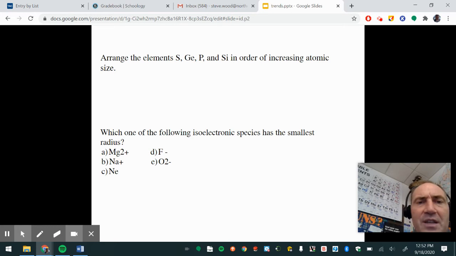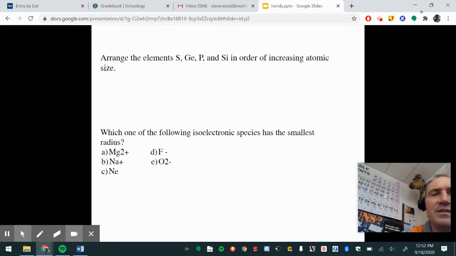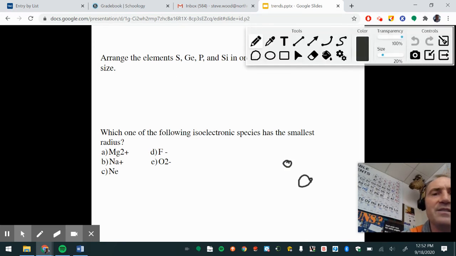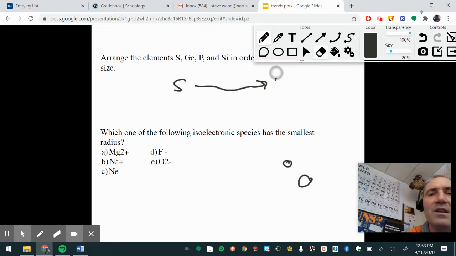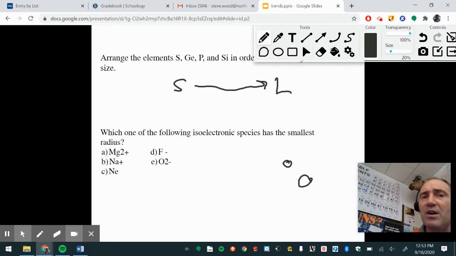Okay, now this is very, very common. Arrange these in order of increasing atomic size. So what I like to do is put an S, so that's small to large, right? Small to large. And so I look at my chart and I find out we have S and Ge and P and Si. So S, Ge, P. Okay, so my biggest is going to be Ge because it's furthest down and furthest to the left.